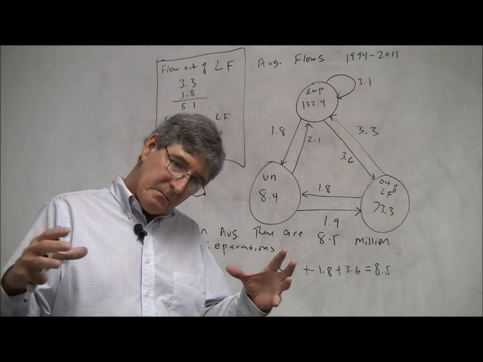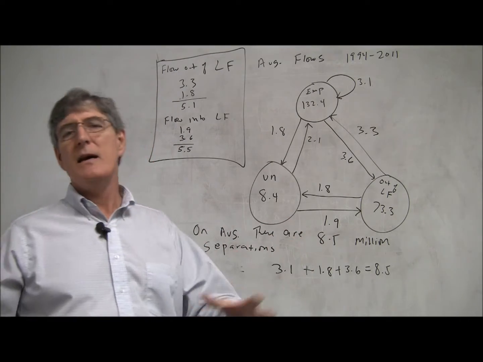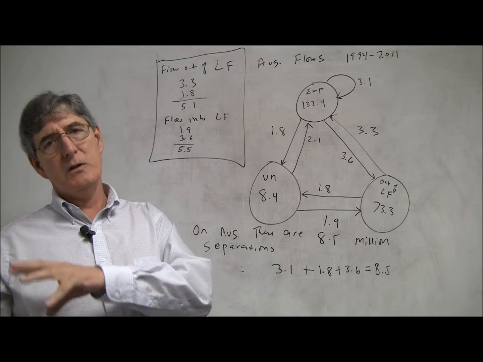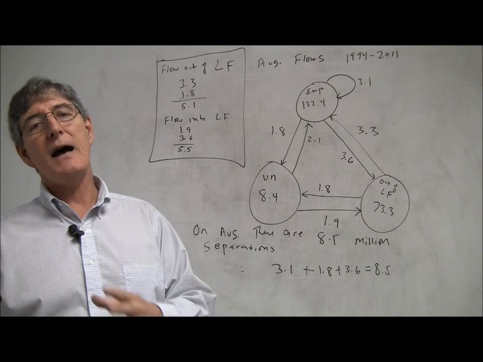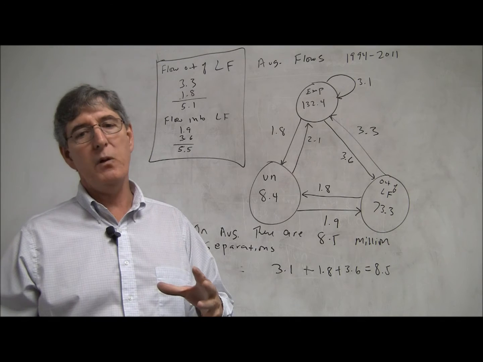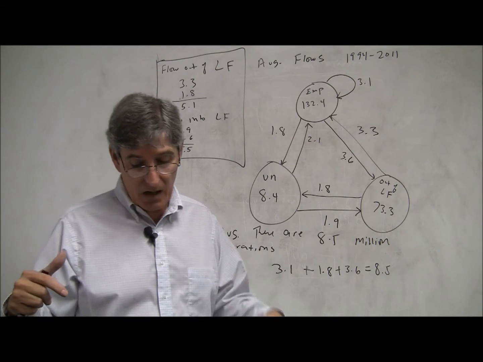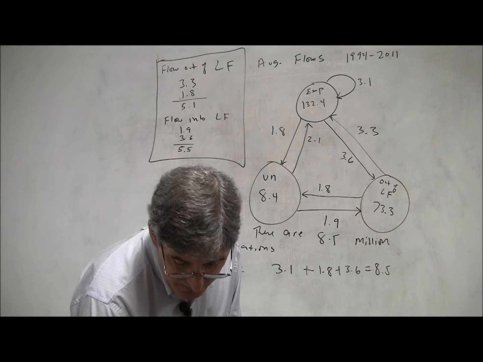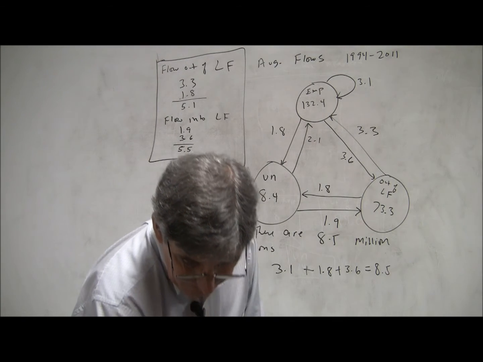And so you sort of have a thin middle. You have a bunch of workers who get jobs really fast, and a bunch of workers who really have trouble getting jobs, and there's not as many in the middle. And in fact, the stock of the long-term unemployed during the Great Recession hit record levels. There were a lot of people who just couldn't find jobs no matter how hard they tried.